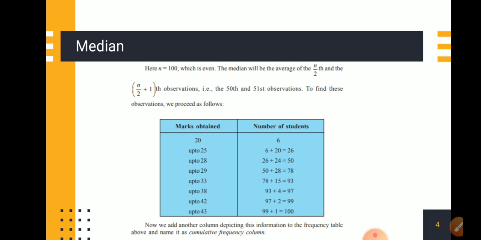Let us see how to go about. When we divide 100 by 2, because 100 is n, we get 50. And when we divide 100 by 2 plus 1 we add to it, so we get 51. Which means it is the 50th and the 51st observation, and the average of these two will give us the median.